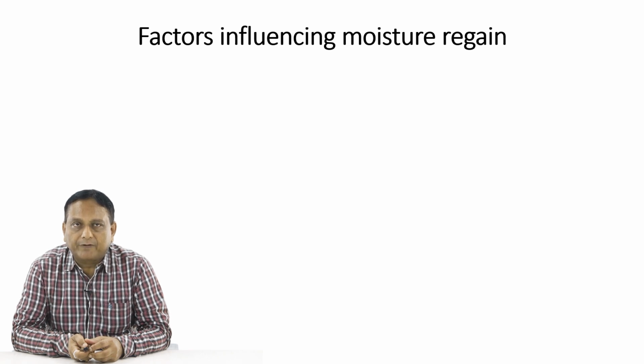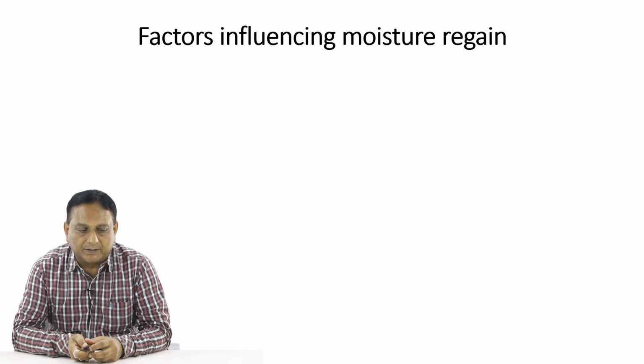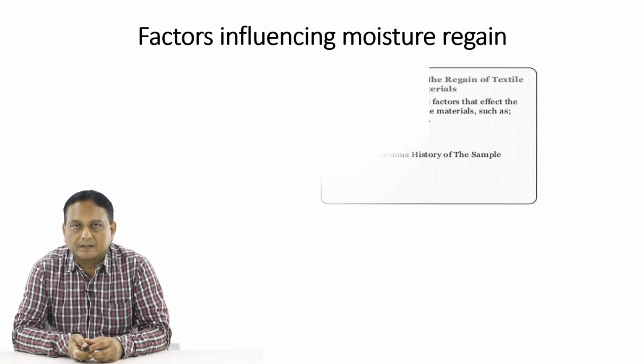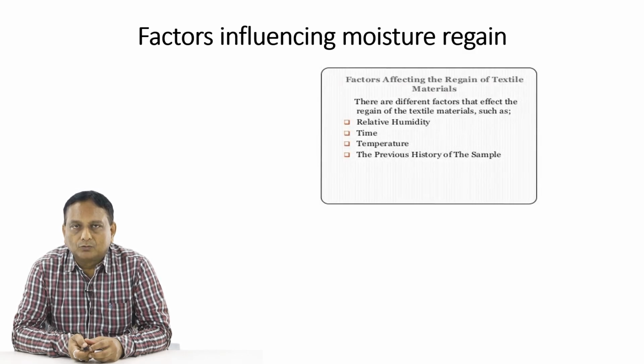Now come the factors which are influencing the moisture regain. What are those factors? Let us see. The factors actually affecting the regain of a textile material are the relative humidity, time, temperature, and also the previous history of the sample. This is very, very important: what is the previous history of its production?